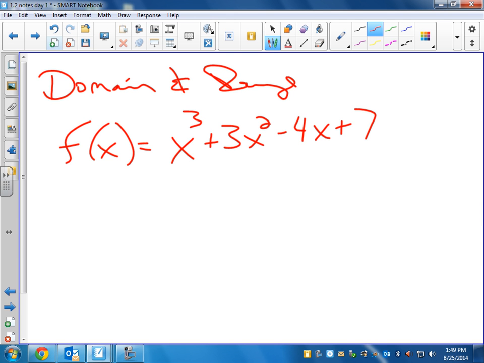That's a cubic function. Is there anything x can't be in this problem? Should I plug in negative numbers? Could I plug in positive numbers? Could I plug in fractions? Could I plug in 0? So if x can be anything, what do I say for the domain?